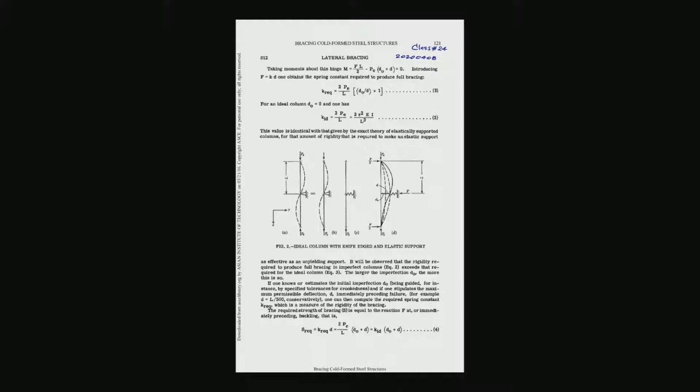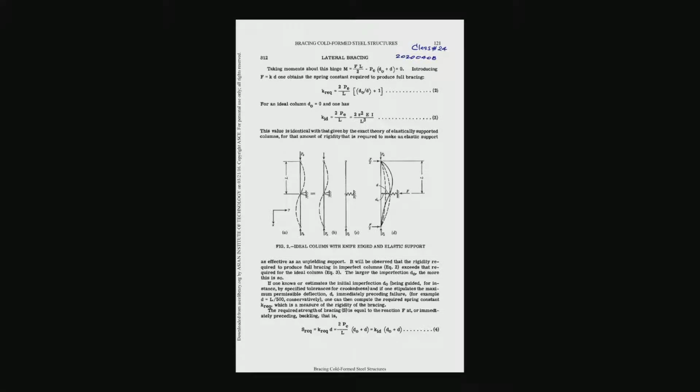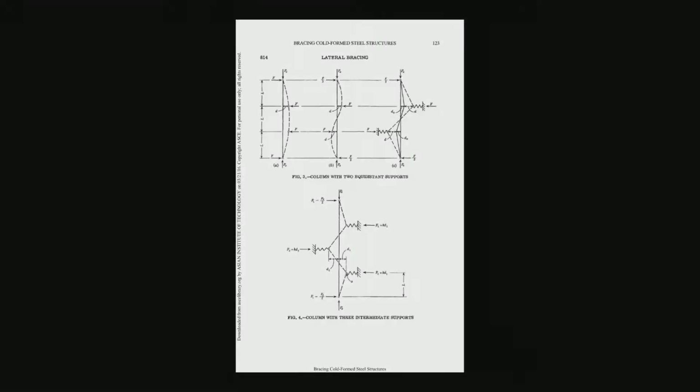In this paper, if you go to the next page, and the paper is already uploaded for you, it is already in the Google Drive. All right, it is located over there, so you just download and take a look at it. So the case where the buckling forms two half-side curves was elaborated, and then we will see the cases where you have more than that.